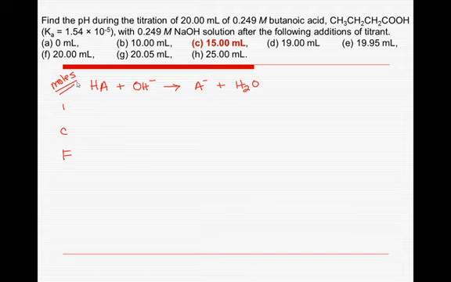To obtain the moles of each of these substances, we just need to remember that moles is molarity times volume. So for the moles of HA, it's exactly the same as the previous problem, if you watched part A, but I'll quickly go through the numbers. 0.249, that's the moles per liter of the butanoic acid, and we had 20 milliliters, and that's 0.02 liters.